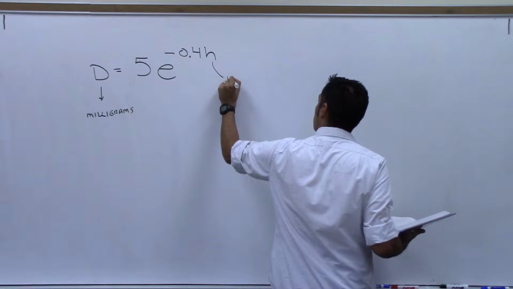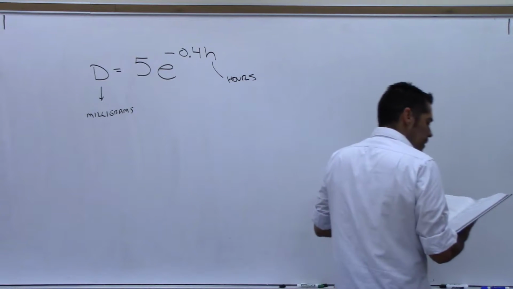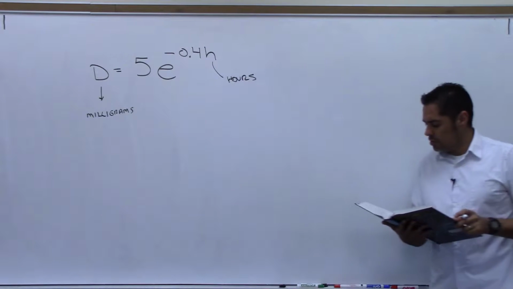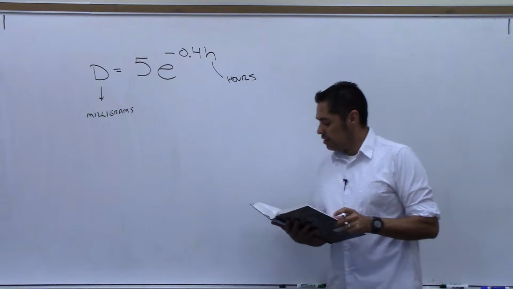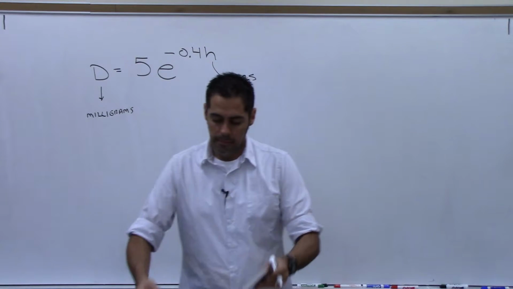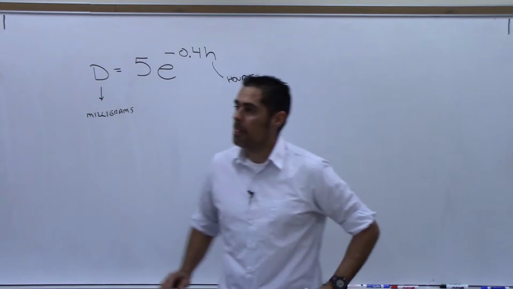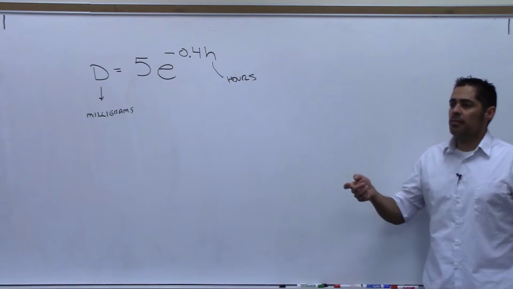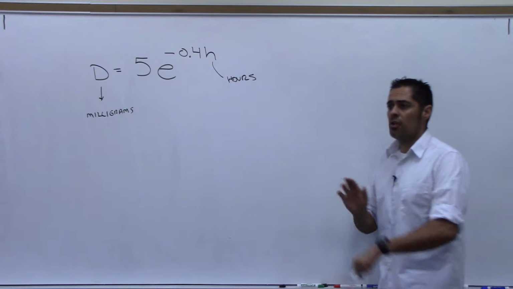So this is your hours. When the number of milligrams reaches 2, the drug is to be administered again. What is the time between injections? So D is supposed to be 2. They're going to give this patient an injection, start the clock.